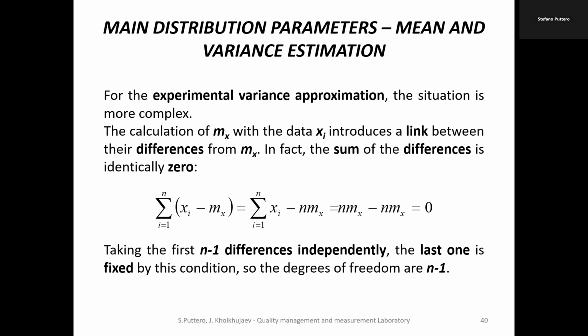However, if we consider mx instead of mu, there is a problem because the sum of the differences is identically 0. Okay, that's the problem of the sum of the positive and negative contributions that I have already mentioned before. So the point is that we cannot use the arithmetic mean in the formula of the variance.